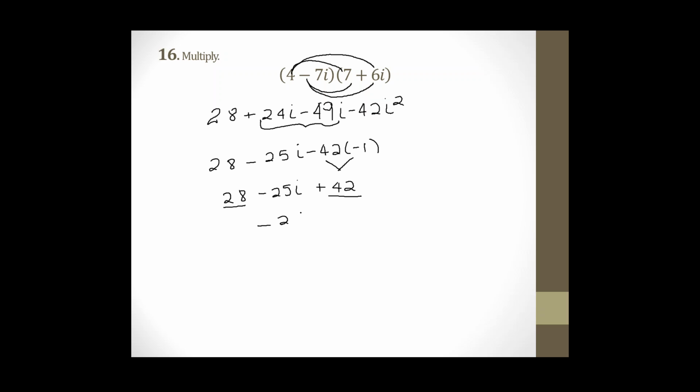I'm going to write this first, even though it would really not matter that much because they didn't specify how they wanted the answer. I could have left it like this if I wanted to. So in your packet, that's answer choice D.